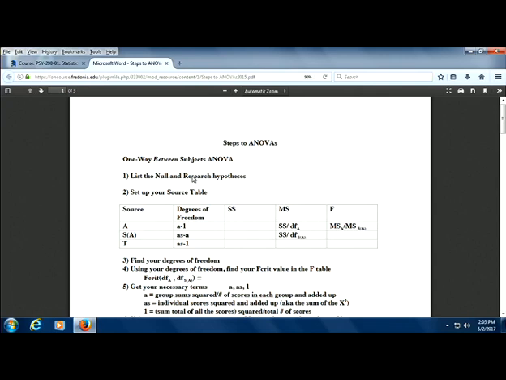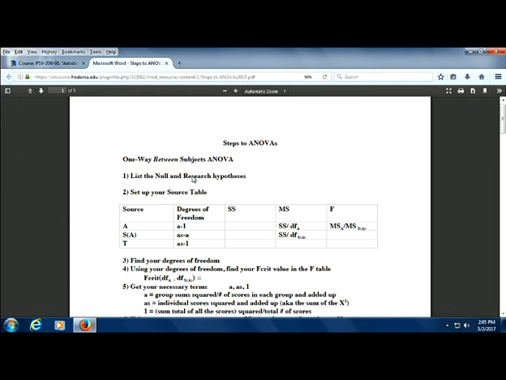Okay? And so we have our A source of variance, which is also what we call our treatment effect, or this would be the brands of food that we're using. Okay? Now below that you see where it says subjects, and then there's this parentheses with an A in the middle.